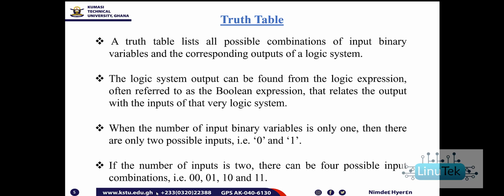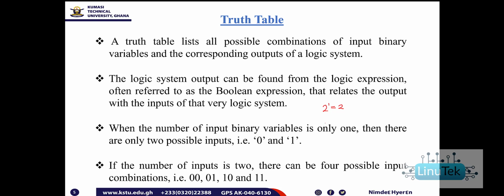So for instance, if we have only one variable or only one bit, then it means that we can have only two possible combinations. That will mean that we have 2 raised to the power 1, which would give us what? 2.